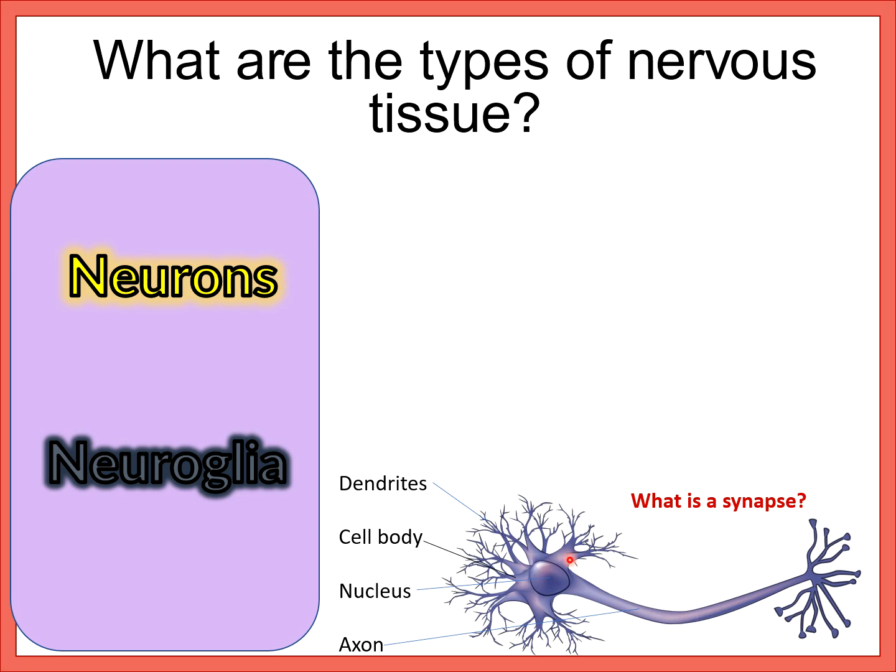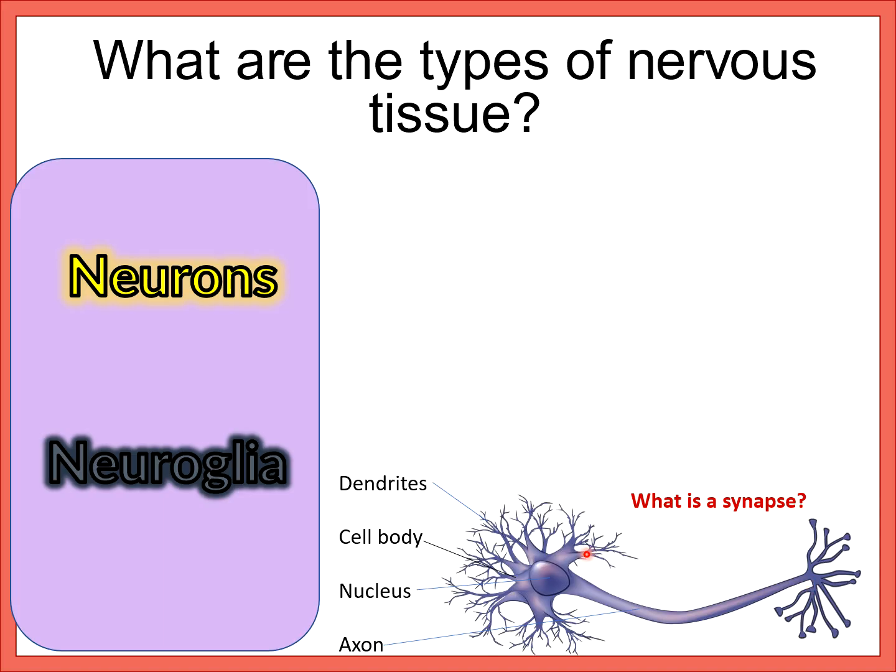So this is typically what a neuron looks like. There are actually more flavors of this, which we'll talk about in the nervous system. But for now, we'll just show the cell body, which is here, and that contains the nucleus. And then these little branches are the dendrites that receive information. And then this tail-like structure is called the axon.